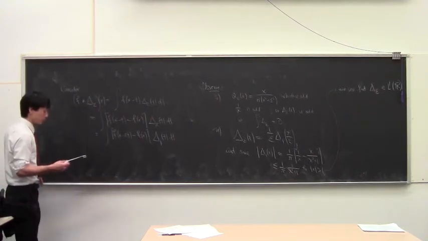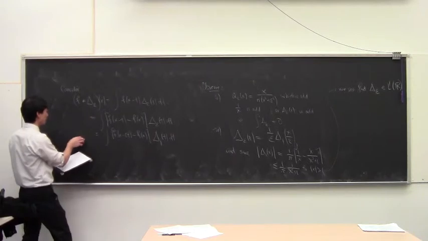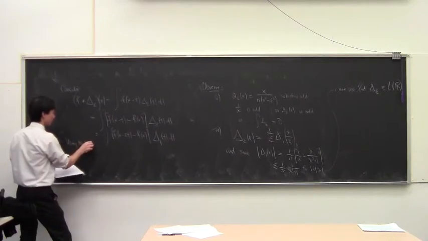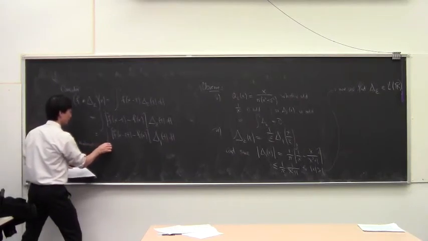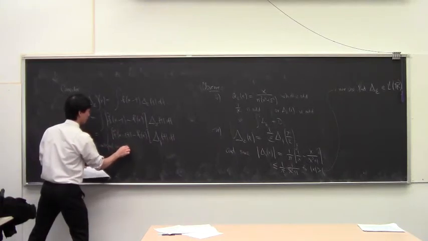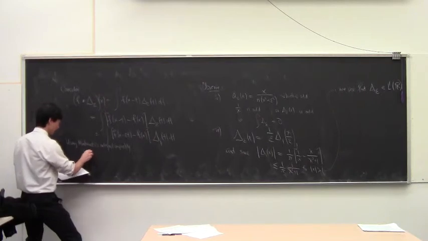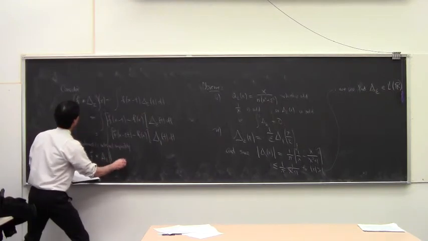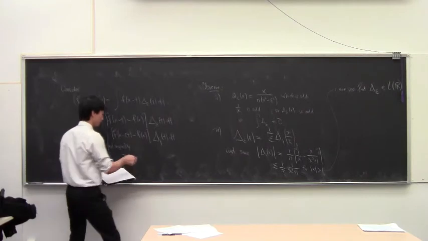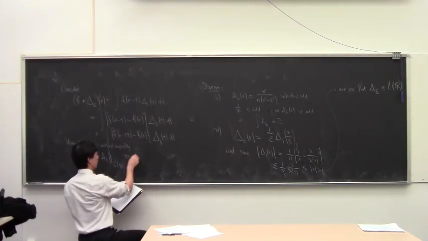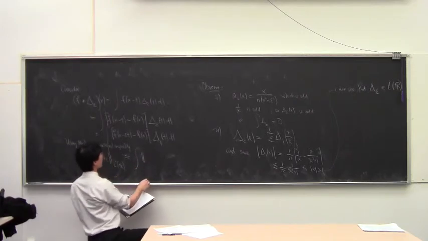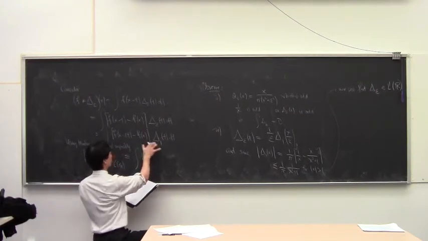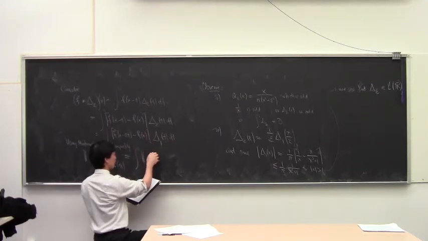Okay, so let me show you what happens. If we use Cauchy's integral inequality, if we take the L2 norm of the convolution, that is controlled by the integral of the L2 norm of the integrand.